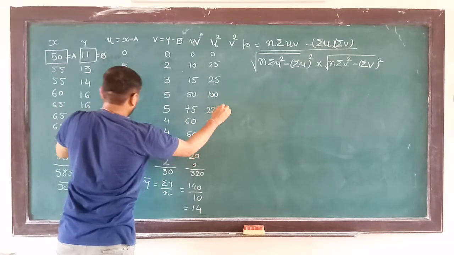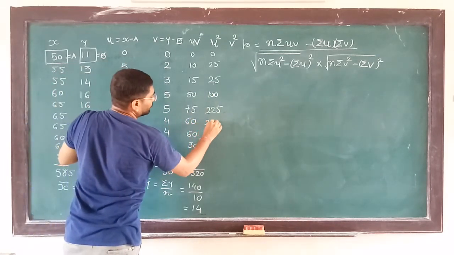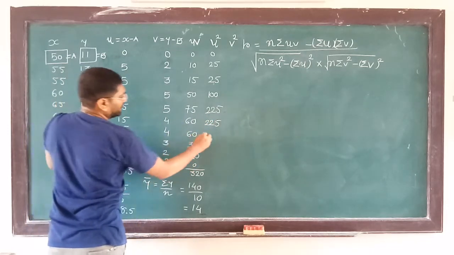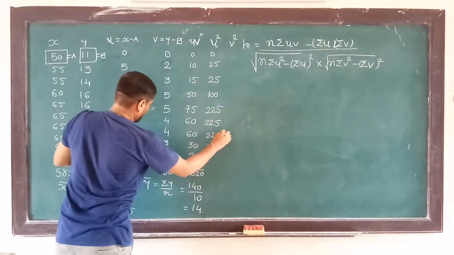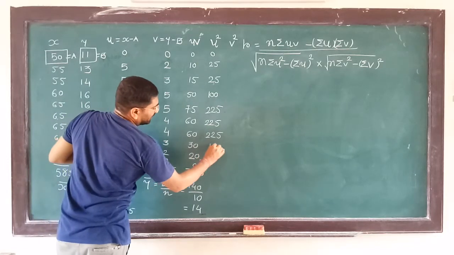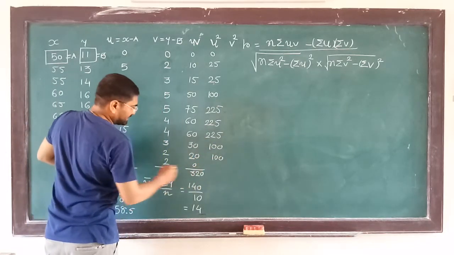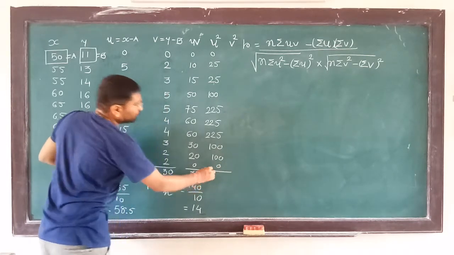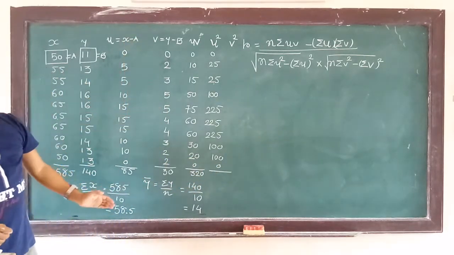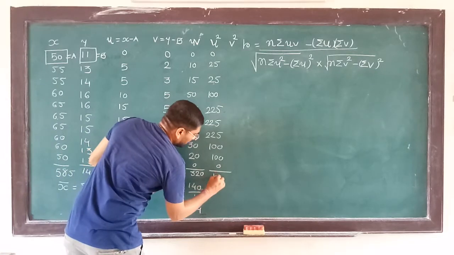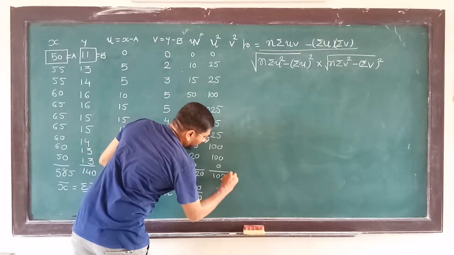Now the U square column: 0 square is 0, 5 square is 25, 25, 10 square is 100, 15 square is 225, 225, 225, 100, 100, and last is 0. The total of the U square column is 1025.